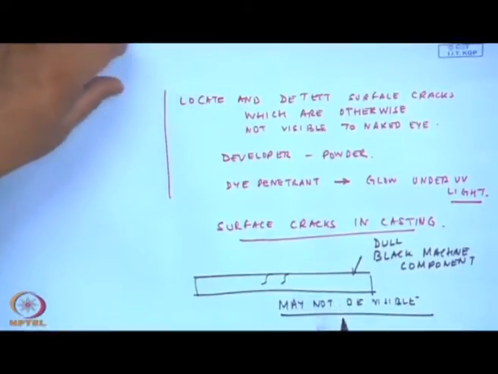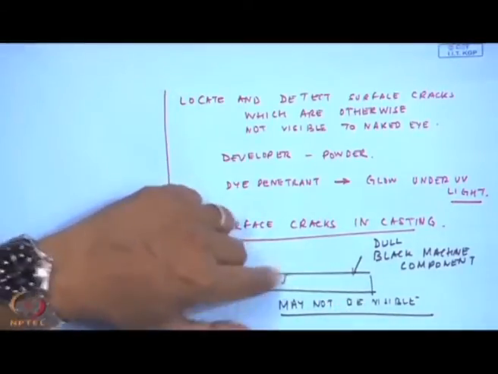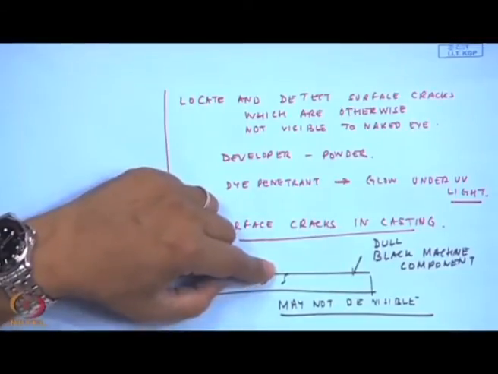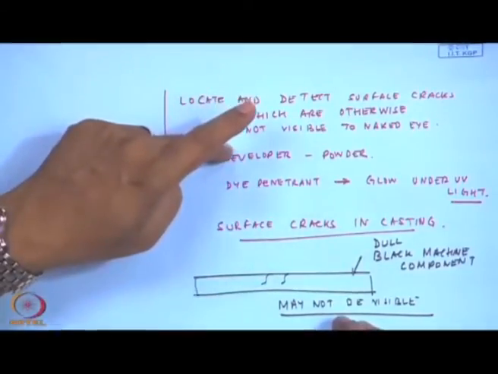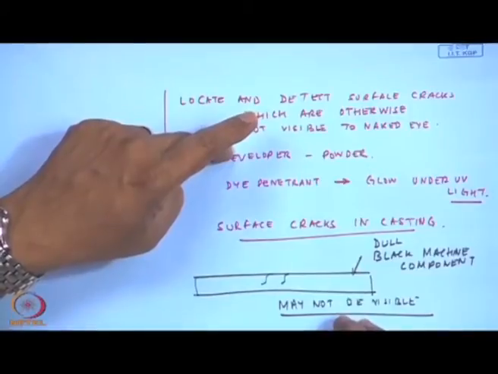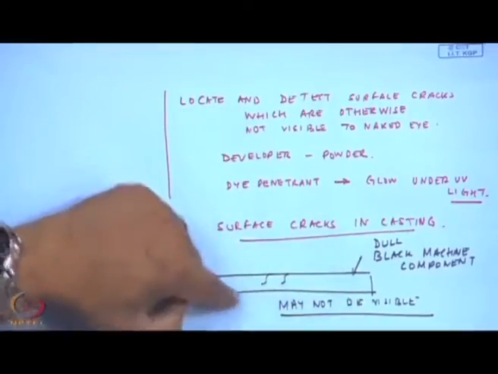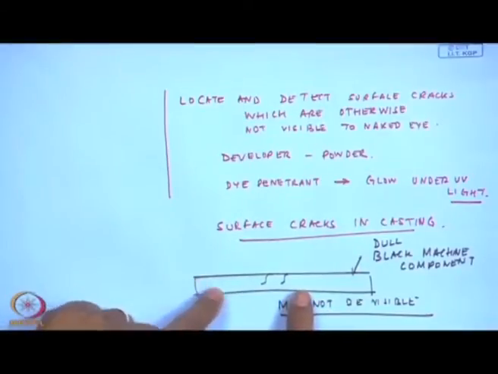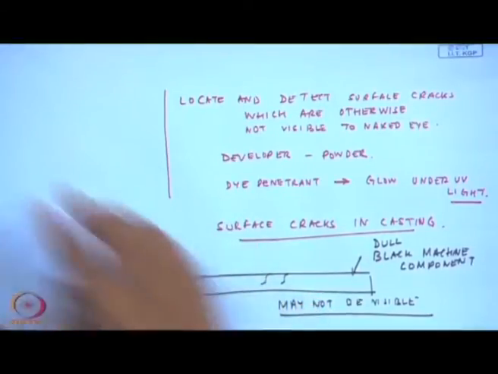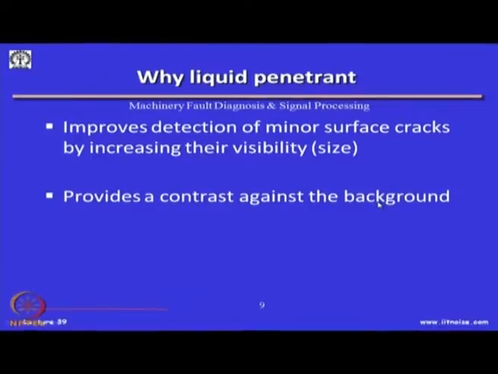So, if we apply dye penetrant on this surface crack, and then either have a developer which is a powder, or a glowing dye penetrant, on this dull black surface this will glow, and so it provides a contrast against the background, and then we can detect the surface crack.